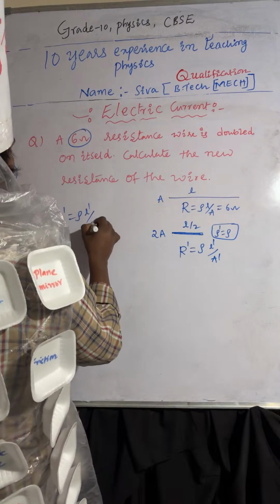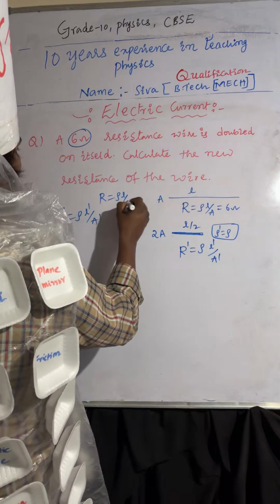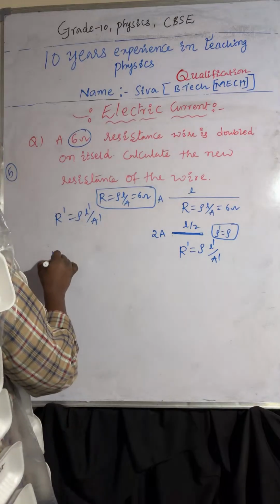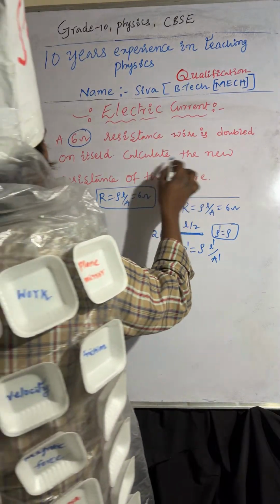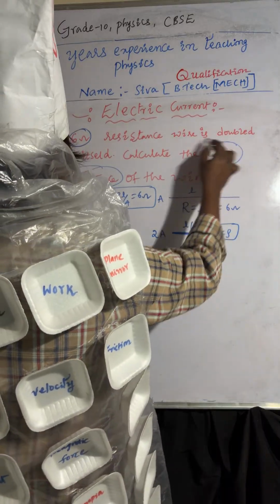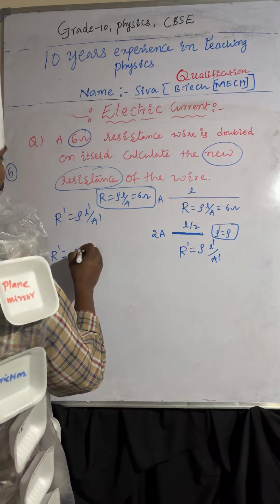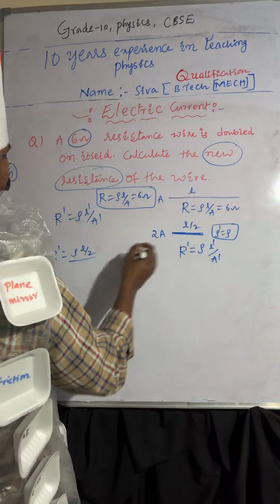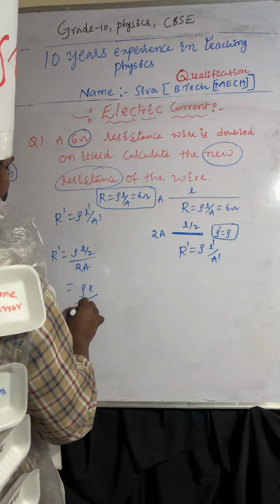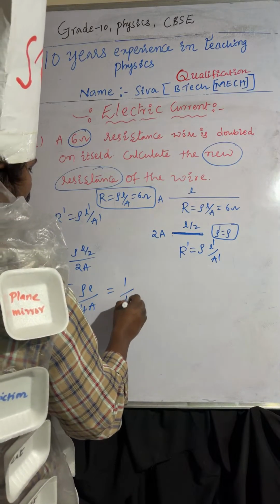Now R dash equals rho into L dash by A dash. Initially R equals rho L by A, which is 6 ohm. They are asking to calculate the new resistance. L dash is L by 2 and A dash is 2A.